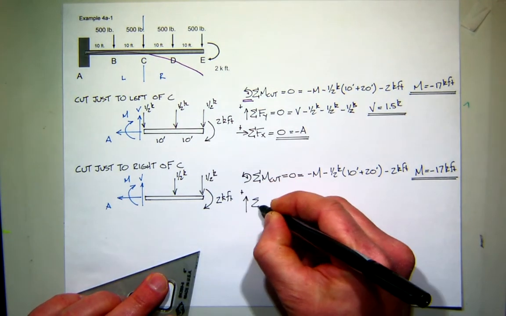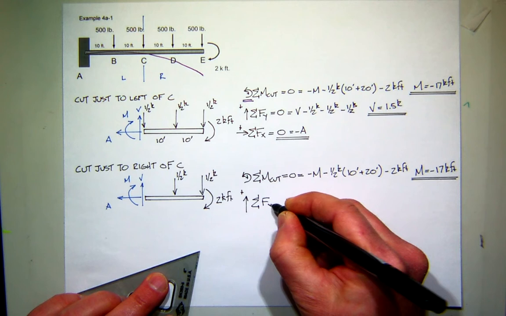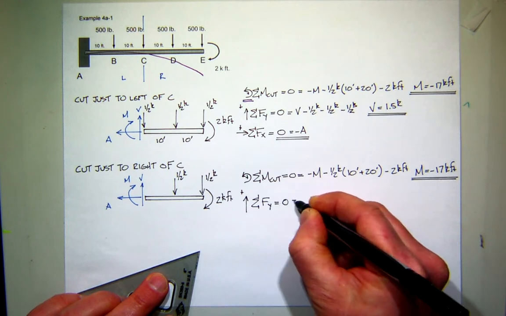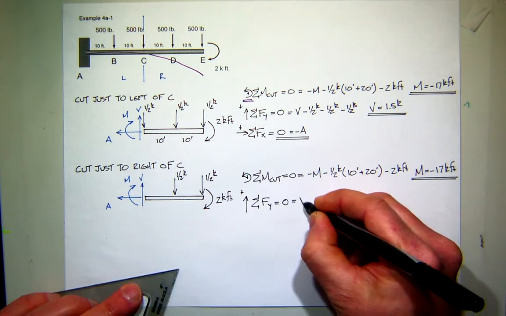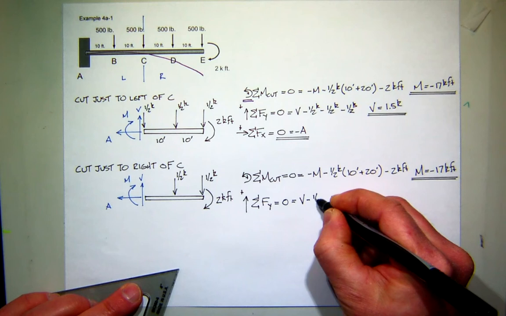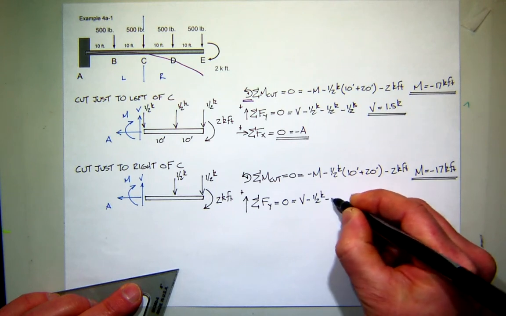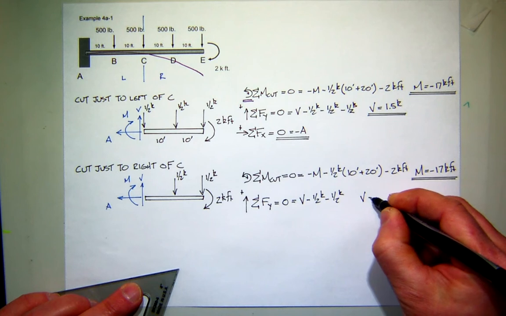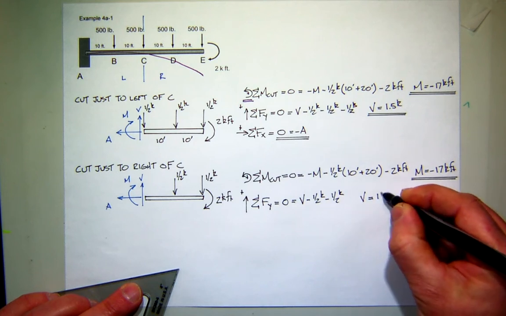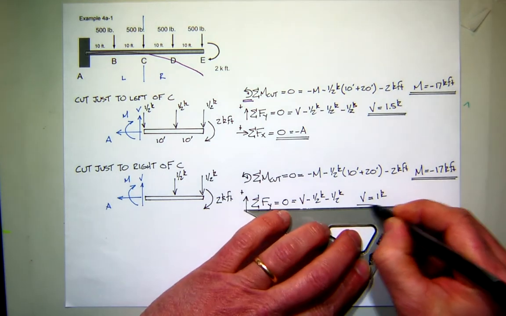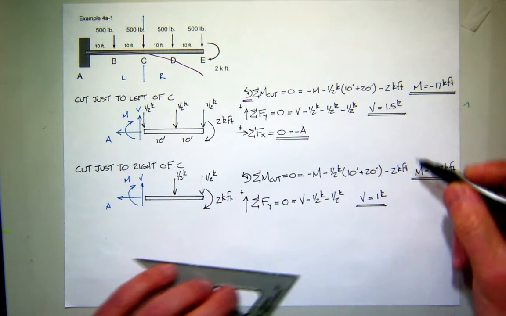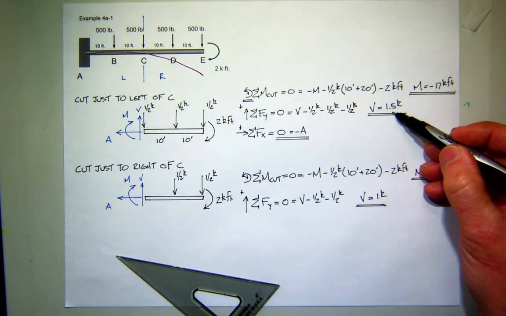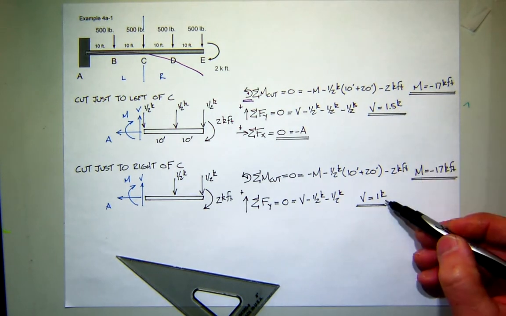Well, if I now sum forces in the y direction, assuming up is positive, I have my positive shear force. I have minus a kip, half a kip, minus another half a kip, and that's it. So my shear is 1 kip. What changed? On the left side it was 1.5. On the right side it's 1.